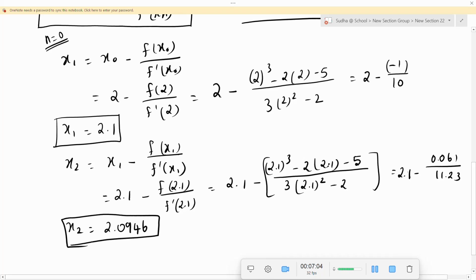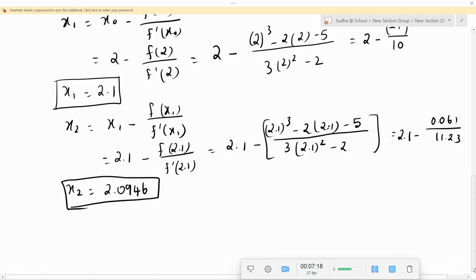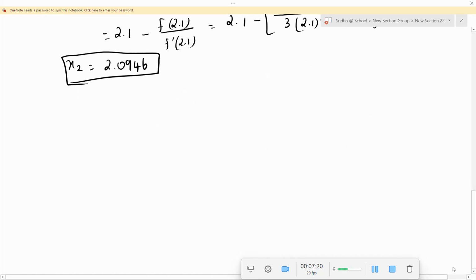If the x values are repeated, then we have to stop the process. Here the x1 value is 2.1 and the x2 value is 2.0946. Next we will find the x3 value. If we put n equal to 2 in the formula, then we'll get x3 equal to x2 minus f of x2 divided by f dash of x2.